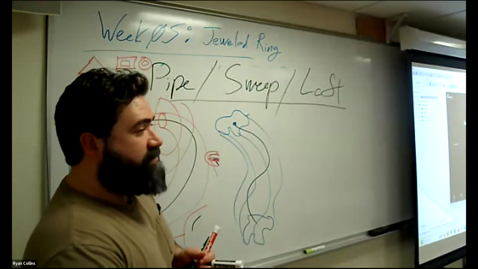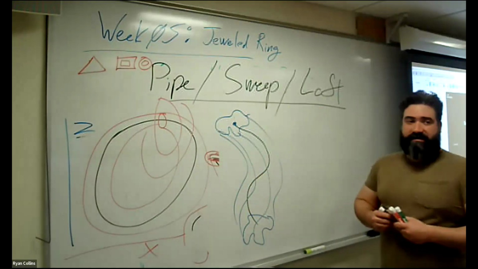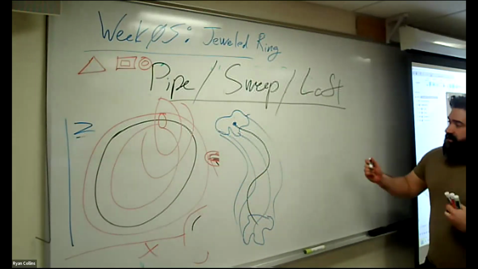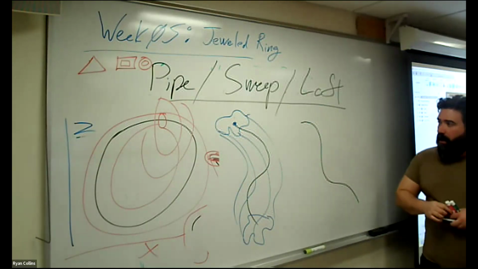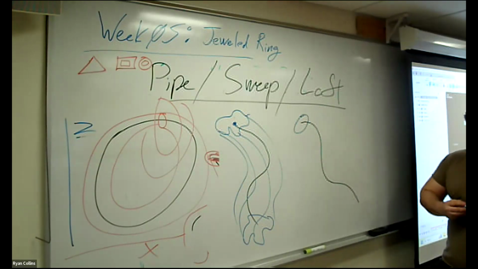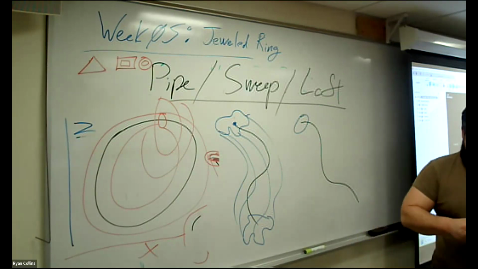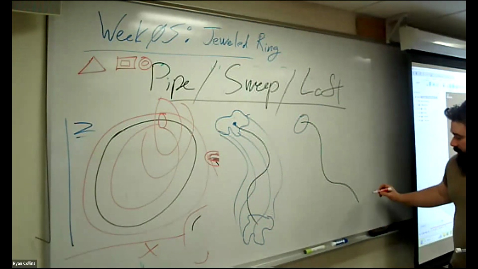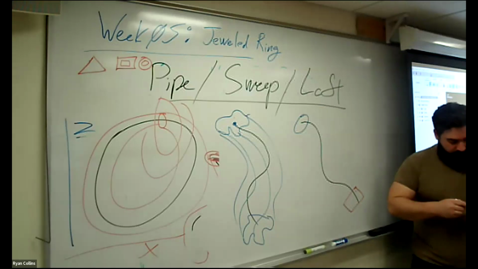Loft allows you to create more profiles in succession. So if I have my line here, I could start, say, with a circle, and end with a rectangle.